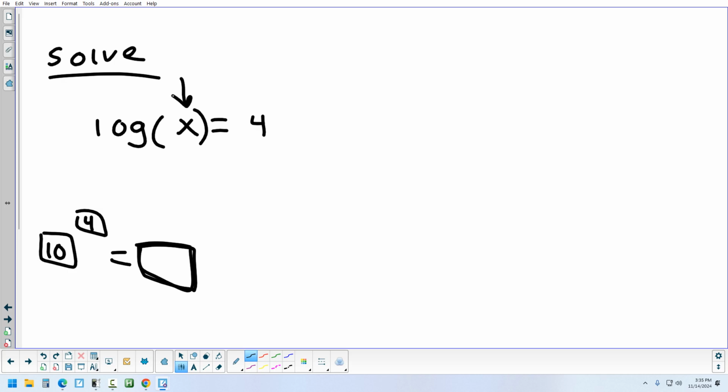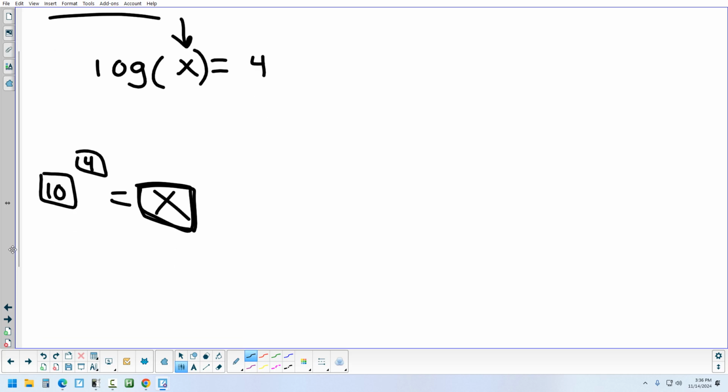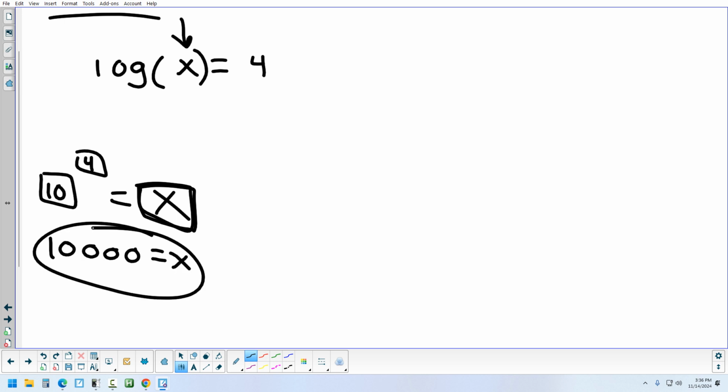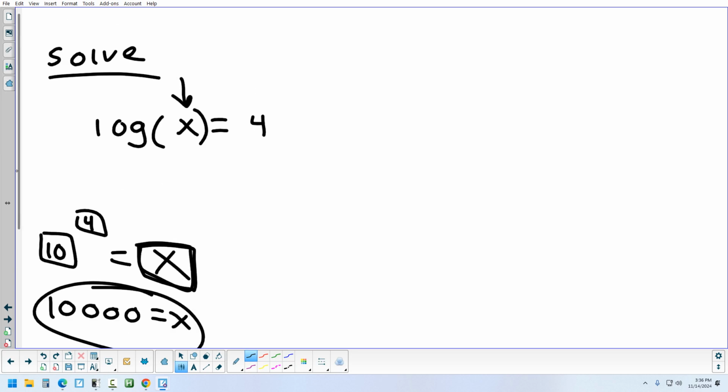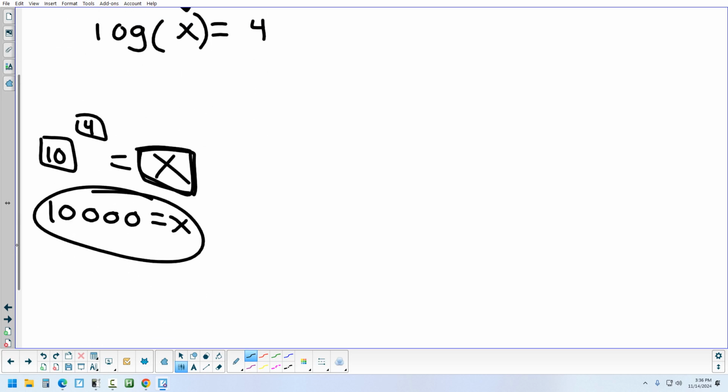It's the argument, and the argument ends up by itself. And that's it. Once you rewrite it in exponential form, that is your answer. 10 to the 4th power would be how much? 10,000. There you go. So that's converting something from log form into exponential and then solving.